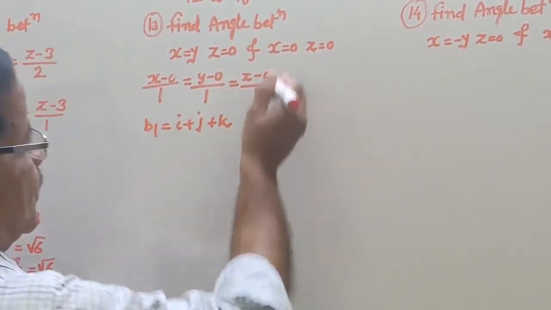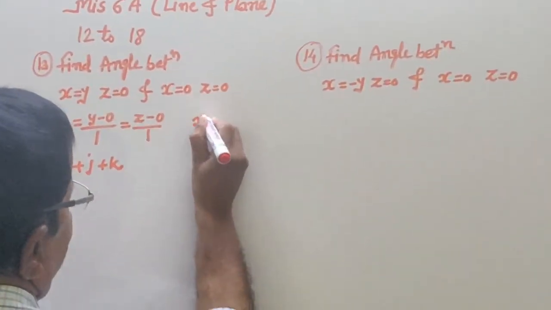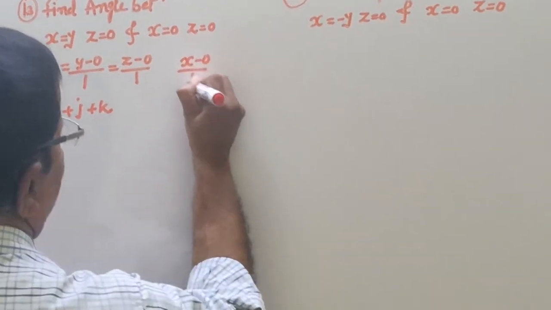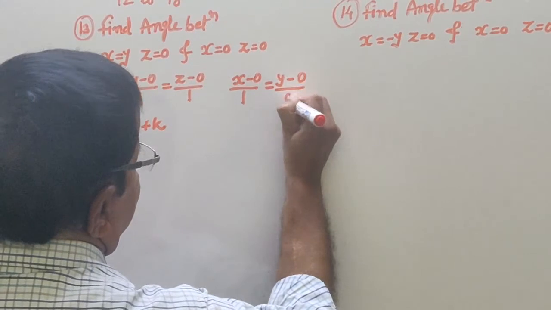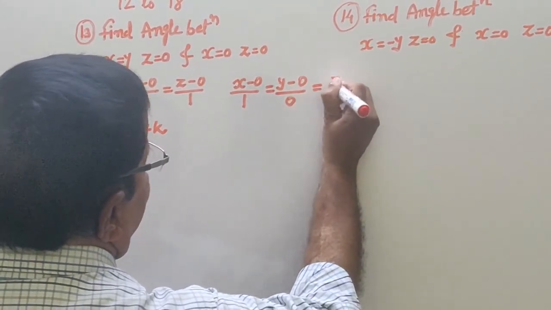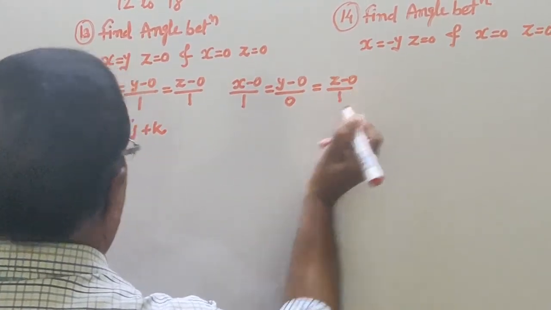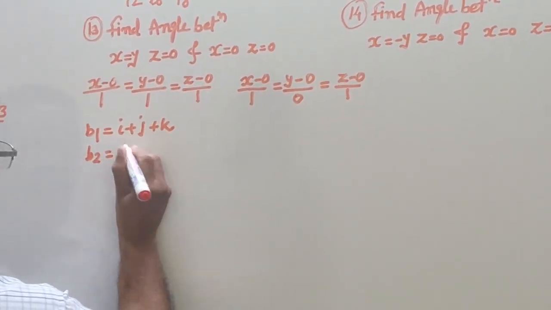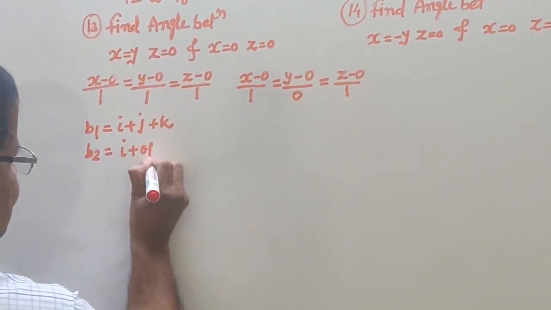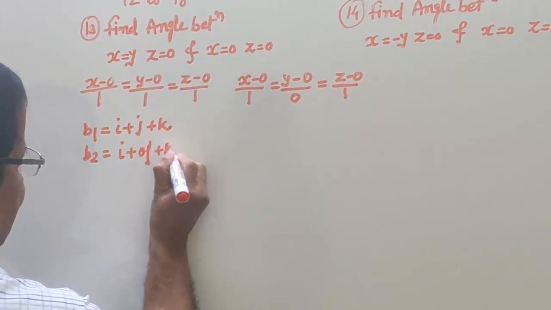Now here what is coming? (x minus 0)/1, y is not given, which means this is 0, and (z minus 0)/1. So my b2 is i plus 0j plus k.